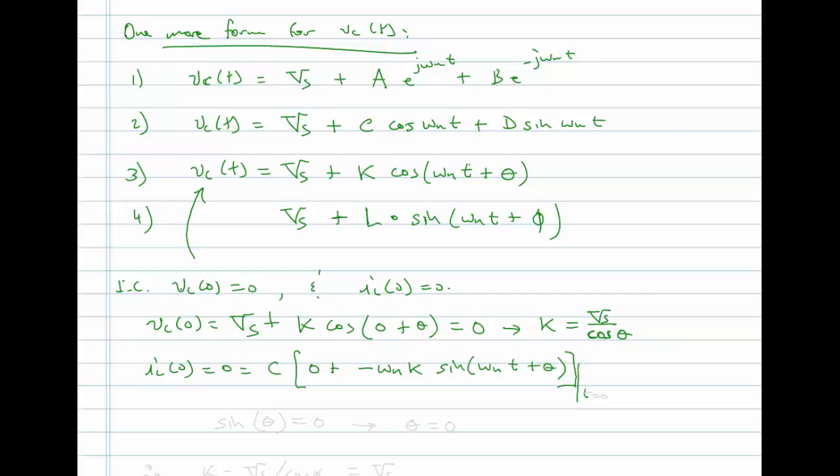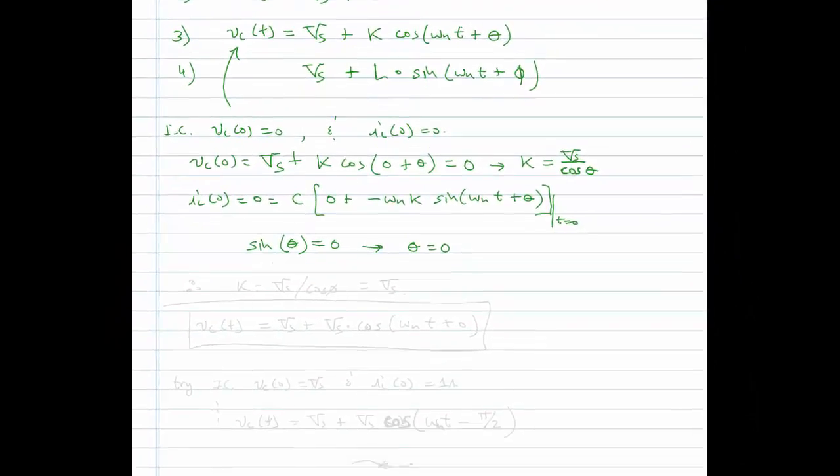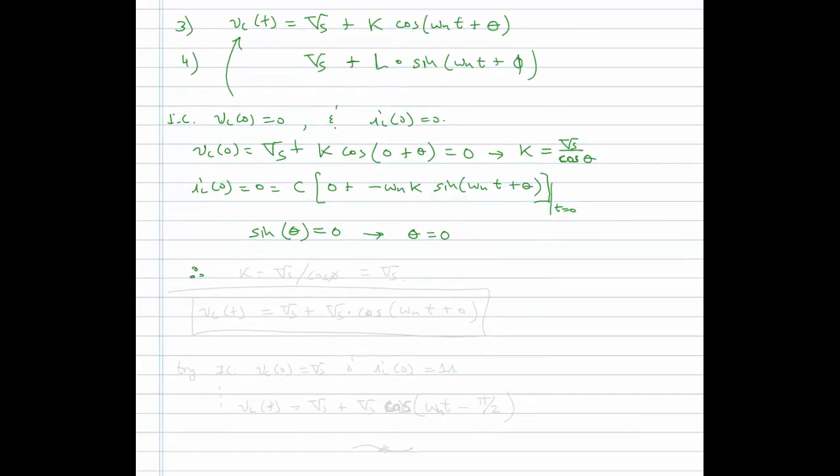And that is evaluated at time equals 0. And so we'll find that sine of theta must be equal to 0. Let's choose theta to be equal to 0. So therefore we have K is equal to Vs over cosine of 0, which is equal to Vs.